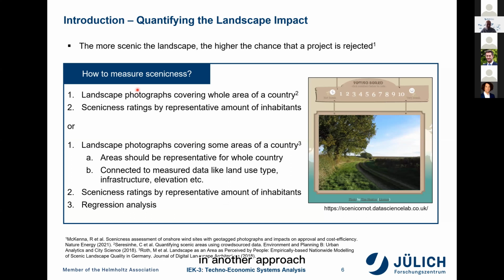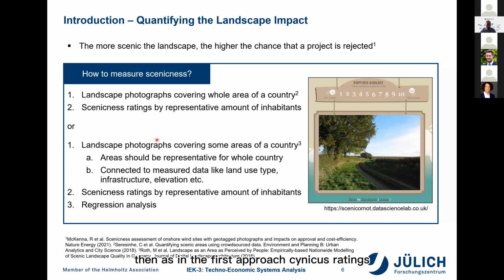In another approach, landscape photographs weren't taken for every area of a country, but only for a few reference spaces. And in this case, these areas should be as representative as possible of the whole country. And the photographs should also be connected with metadata like land use type, infrastructure, or elevation.